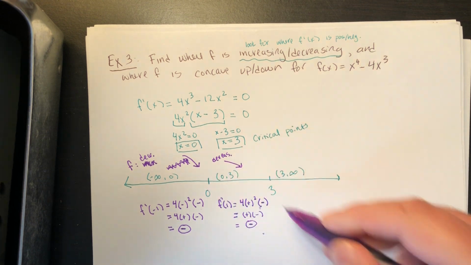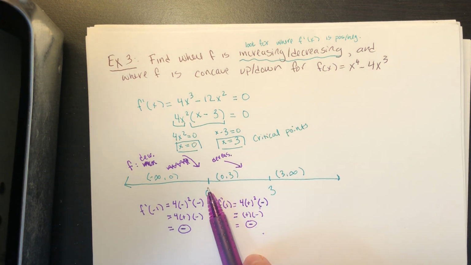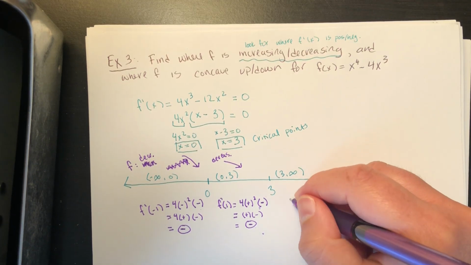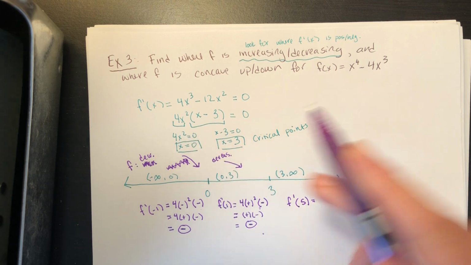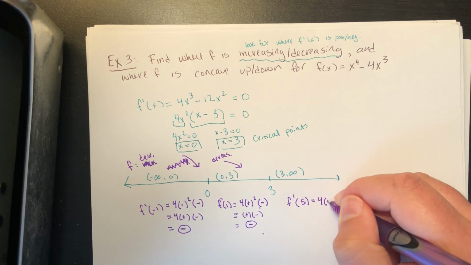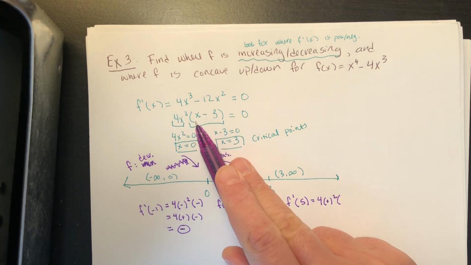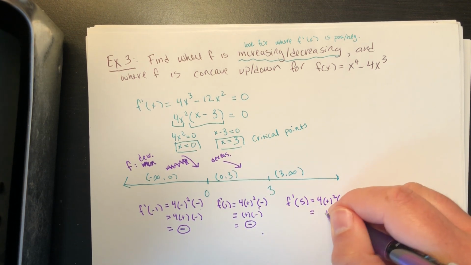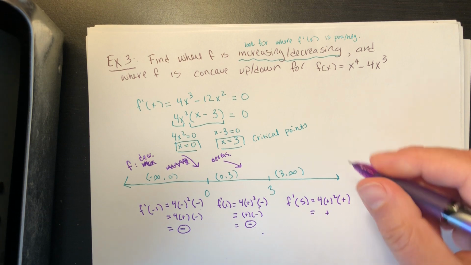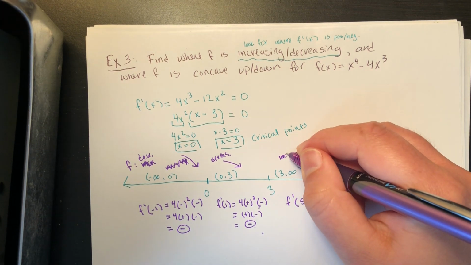Right, that's fine. It just means that this critical point didn't happen to be a max or a min. That's allowed. But when I plug in something in this last interval, let's say 5, into the first derivative function, I'll get 4 times something positive squared times 5 minus 3, which is positive. So now I get something positive overall, which means my original function is increasing, right?